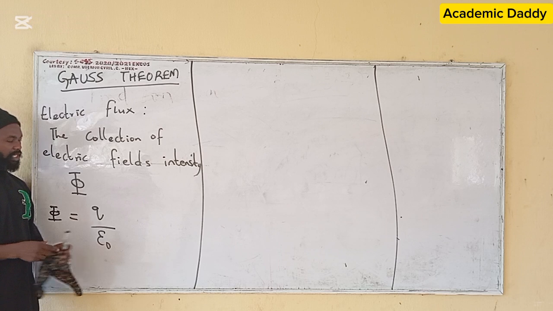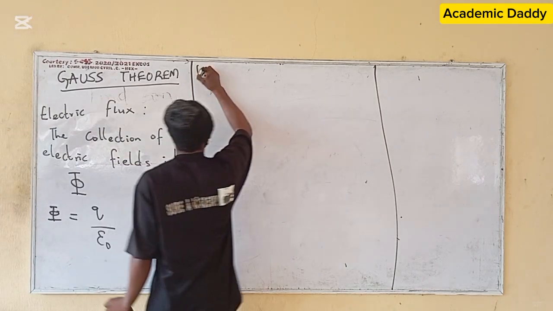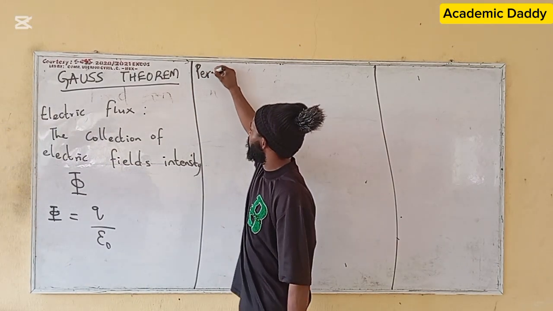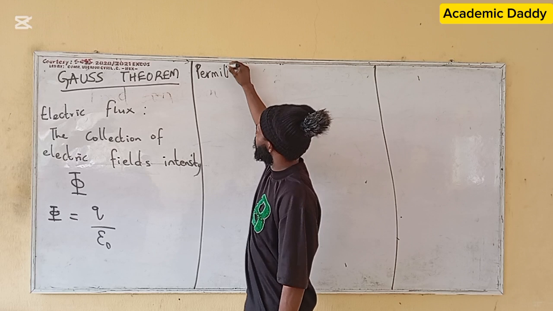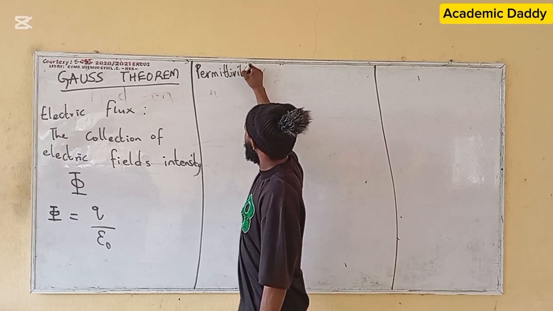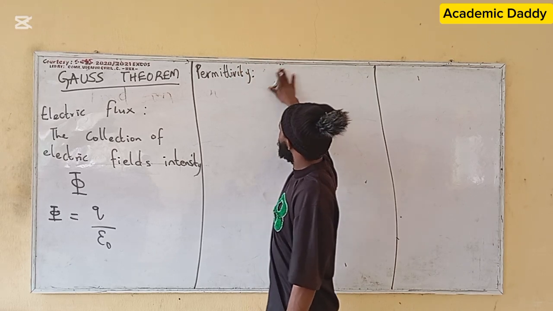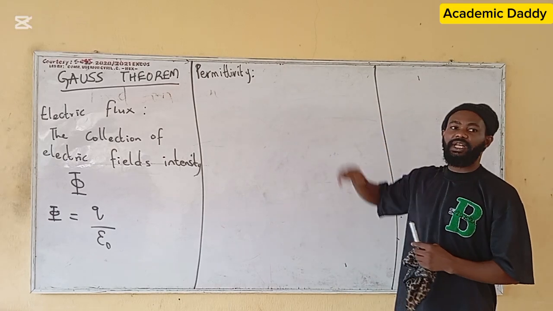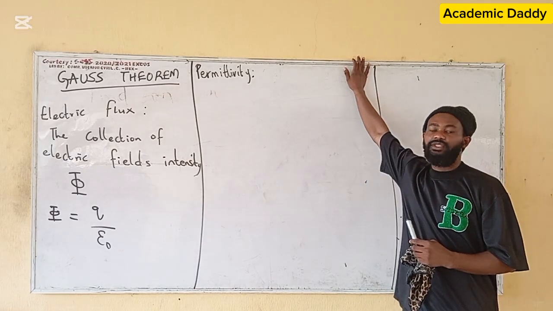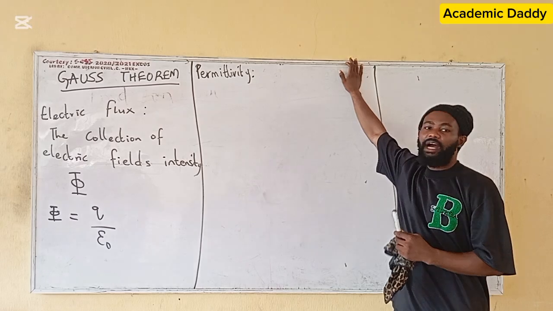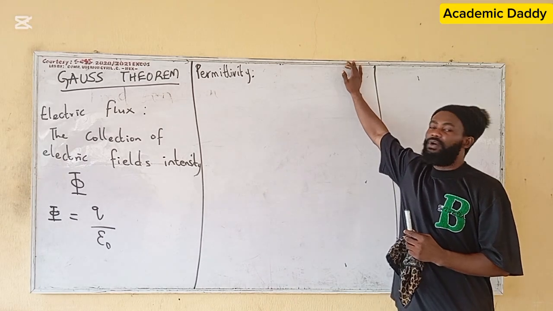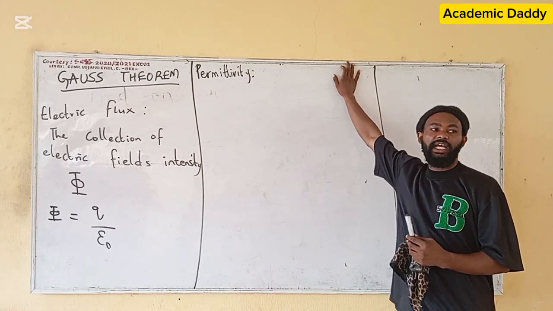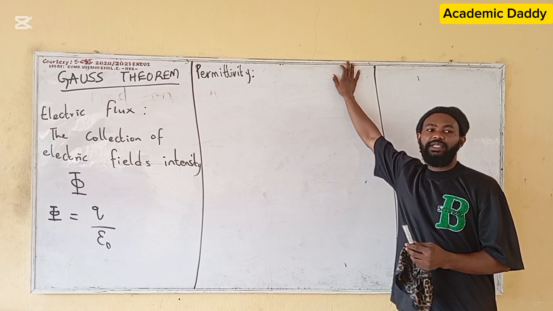And then you need to know that permittivity of free space, anything permittivity in electricity or electric field, is simply talking about the differences in the ability of electric field lines to travel. How easy it is for charges to move in an electric field is what we call permittivity.